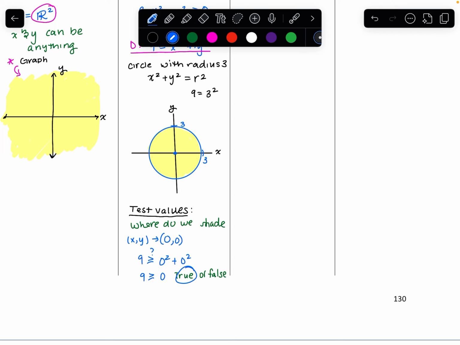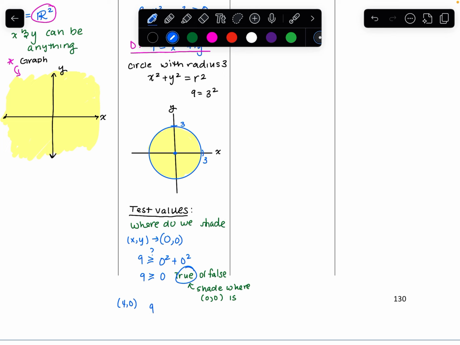Should we pick another value, right? So this told me shade here. Shade where the point 0, 0 is, is what that told me. So let's say I pick the point, I don't know, something that's not in the shaded region, just to kind of convince you, like the point, let's say 4, 0.